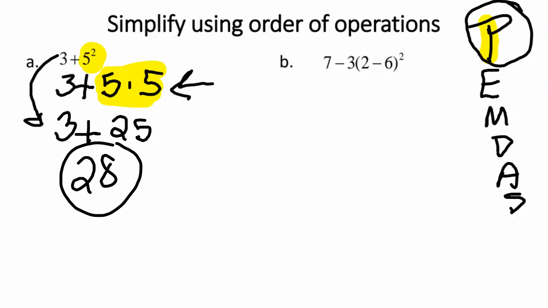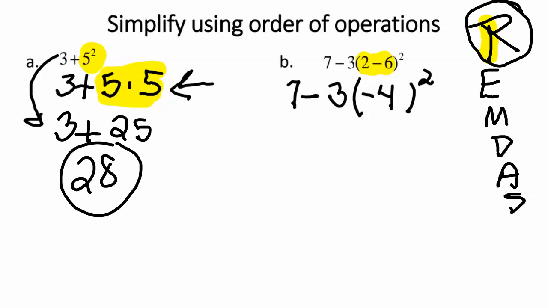We have a parenthesis, which means that's 7 minus 3. I'm not touching. I have to do what's inside here. Well, this is saying 7 minus 3. Well, 2 minus 6 is a negative 4 squared. That's the parentheses.